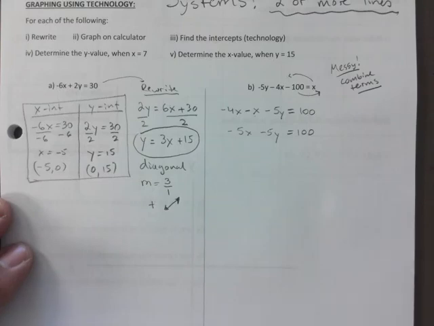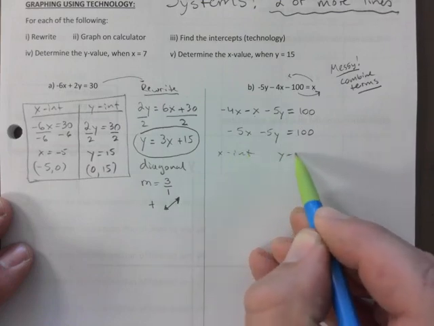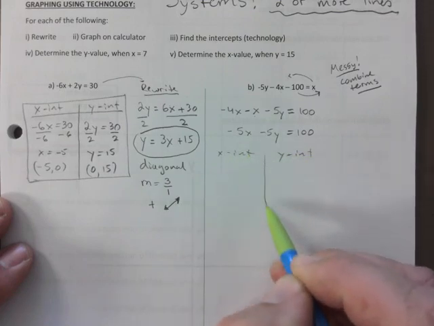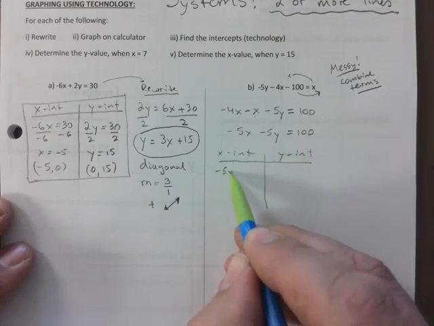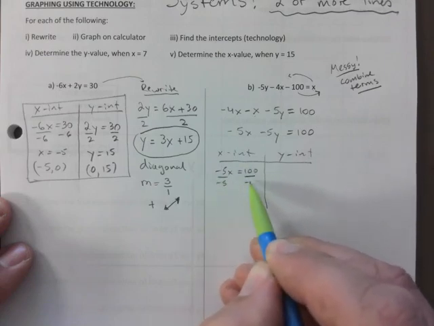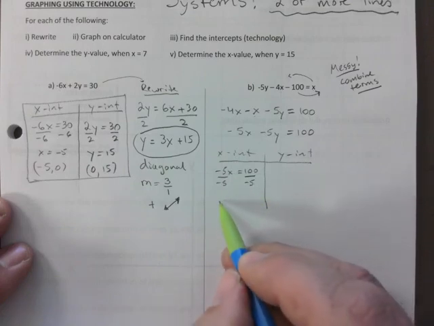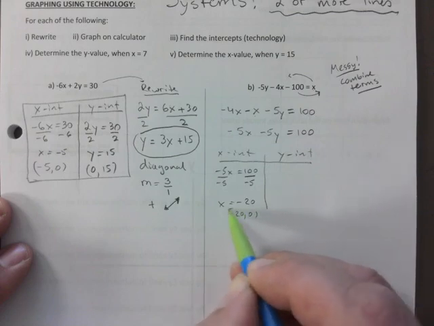If you missed it, I will just do the x and y intercept. These are points that allow us to graph this thing. So it's negative 5x is equal to 100. Divide both sides by negative 5. You end up with x is equal to negative 20, so that's negative 20, 0.